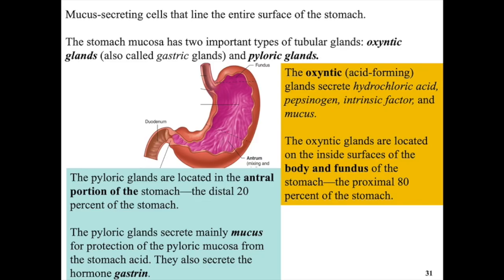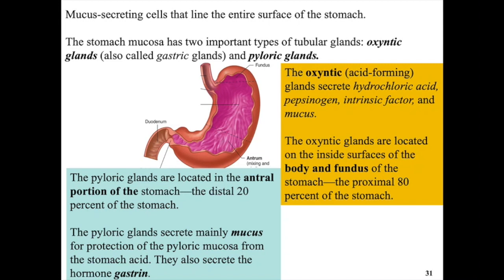The stomach has a series of glands. It's like a sheet of cells that are all producing different components.